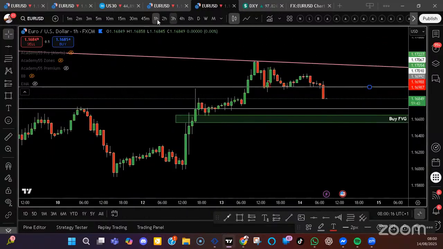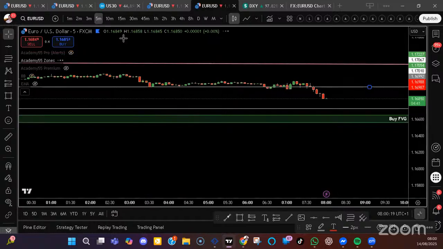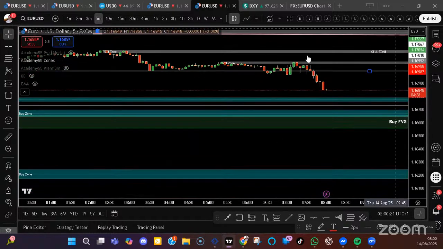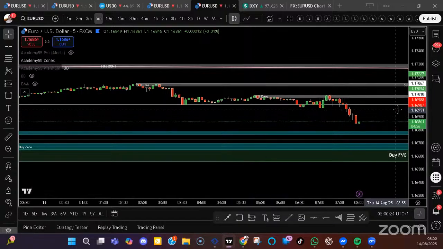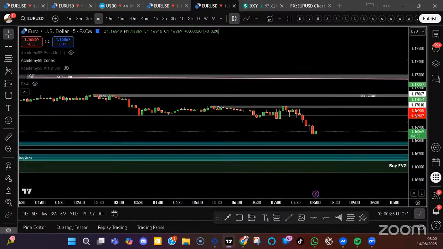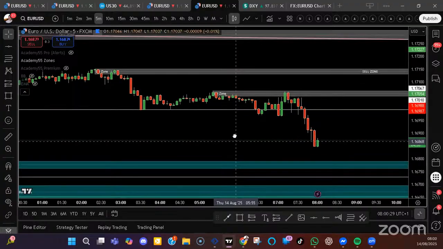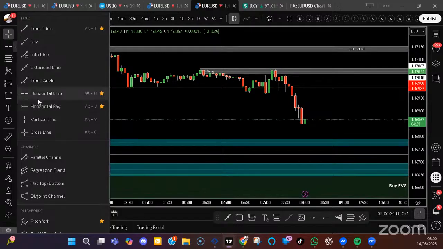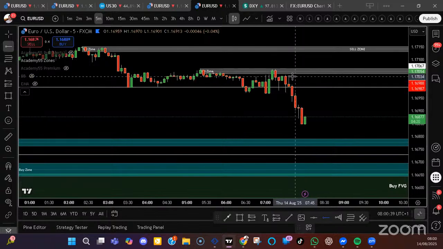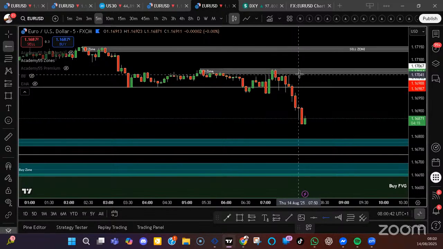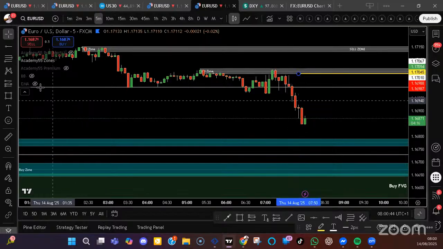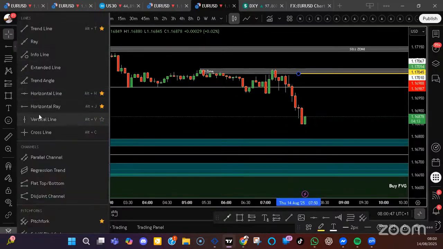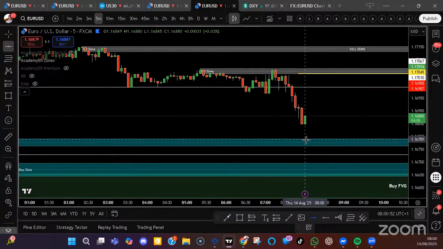So we'll come off that and we'll go down to the 5 minute. And now we will mark up our zones on the 5 minute time frame. We've got a sell zone here, and we've got ourselves a buy zone here.